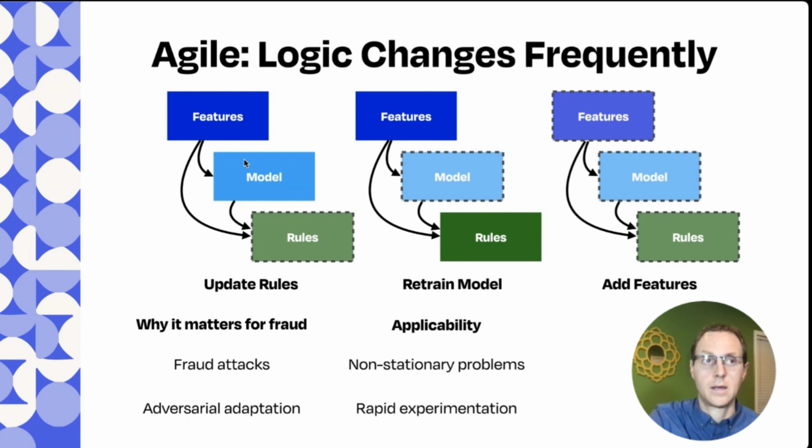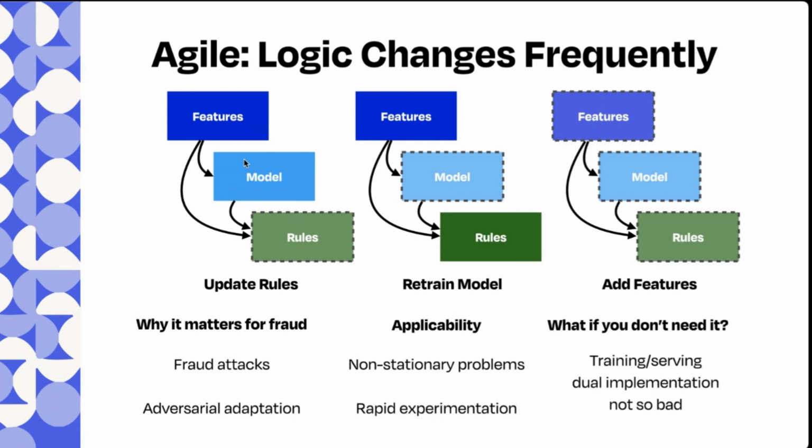And even in the case where you may have problems that are fairly stationary, if you're going to try to implement a lot of models and solve a lot of problems with a small team, your ability to get new features, new models into production quickly is going to be really important, right?